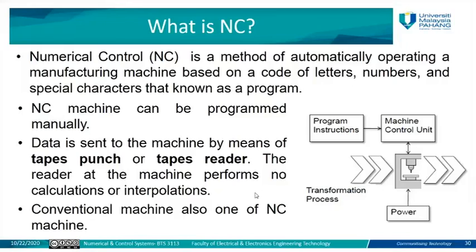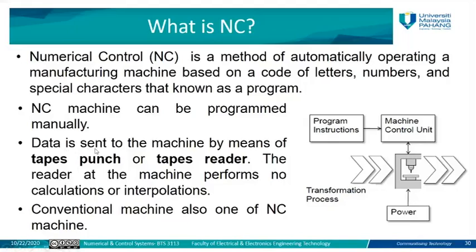As we will see later on, the code is very specific, just consisting of one letter, two numbers, one letter, one number, and so on. So it's very easy to follow, and the machine already knows what N20 means, what N50 means, and so on.